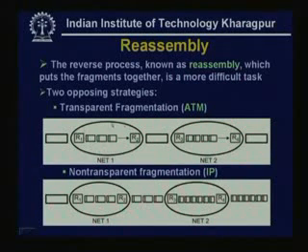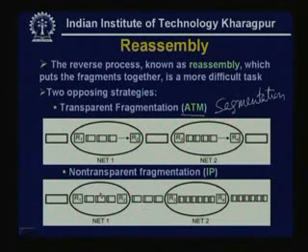In this case the problem is that every packet has to be routed through the same exit gateway. As it passes through different networks, it is transparent to the source as well as the destination. So the destination receives a reassembled packet as it was sent by the source. This is known as transparent fragmentation, as done by the ATM network. Of course, in an ATM network, instead of fragmentation they use a different term, segmentation.